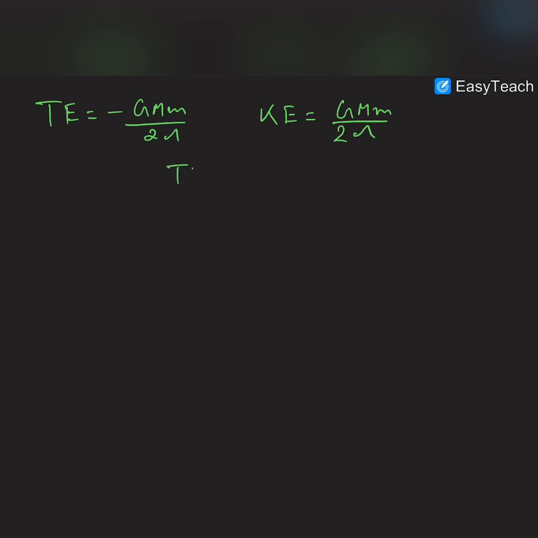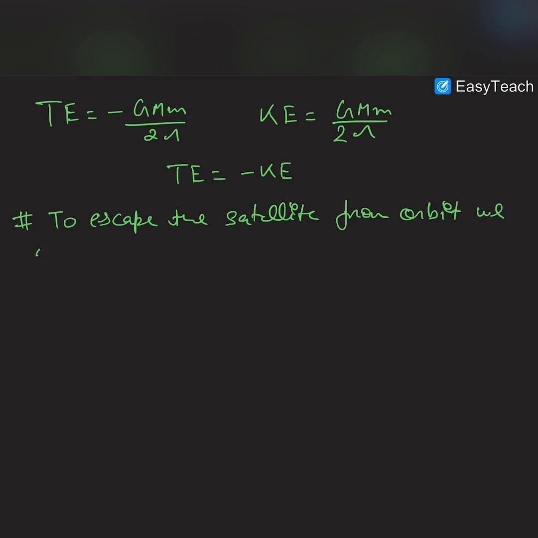So you can see that the total energy is equal to minus of kinetic energy, and therefore if we need to escape the satellite from the orbit, we need to make its total energy zero.